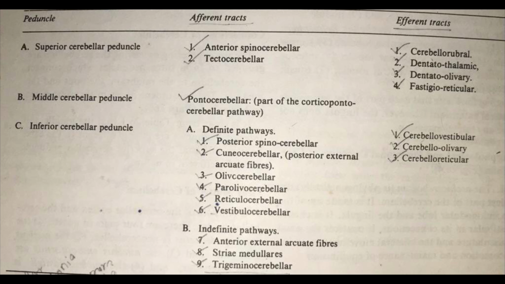Reticulocerebellar and vestibulocerebellar. The efferent tracts are cerebellovestibular, cerebello-olivary and cerebello-reticular. Then the trigeminal pathway, the anterior external arcuate fibers, striae medullares and trigeminocerebellar. So these are the different tracts in all the peduncles of the cerebellum.